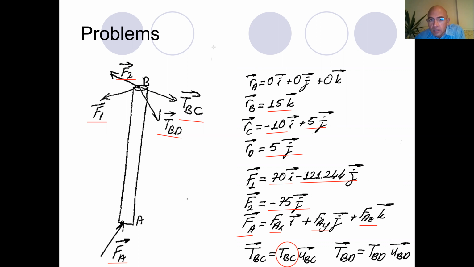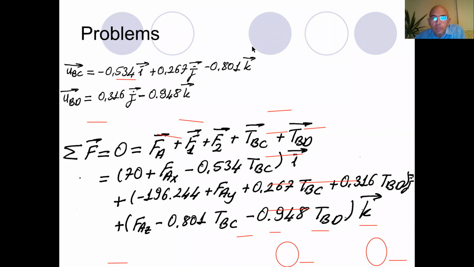Here UBC is the unit vector along the cable from B to C. UBD is again the unit vector from B to D, and TBD is the magnitude, and we don't know it. Since we know the coordinates of points B, D, and C, we can easily calculate the unit vectors. So this will be the next step.